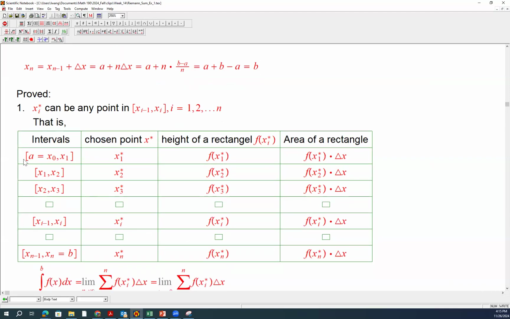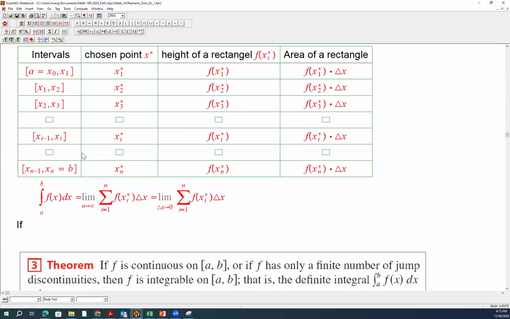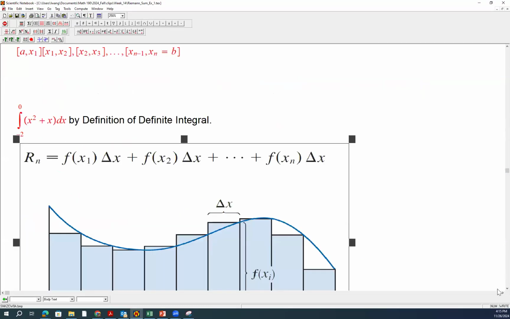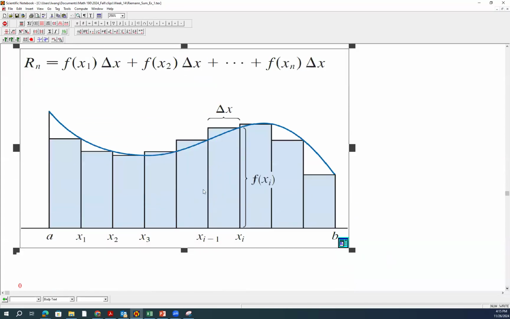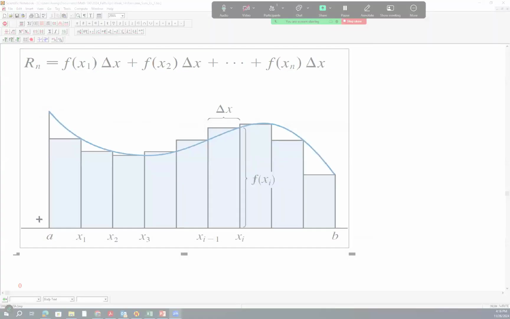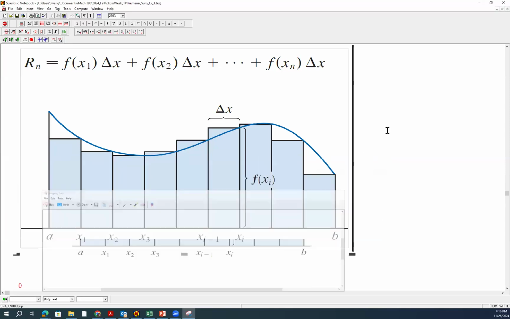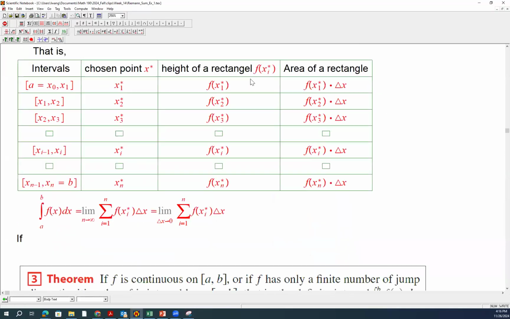So in the first interval, from a to x1, you can think of this picture. You can see the summation here. I'm going to do a screenshot and put it so you don't need to see. Just look at the partition part to see how it works.